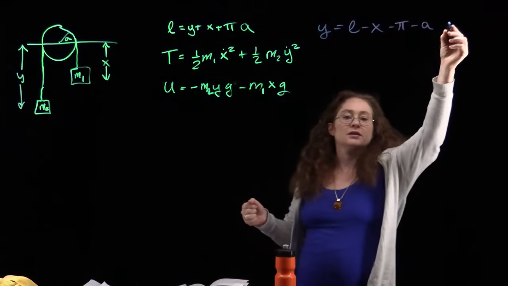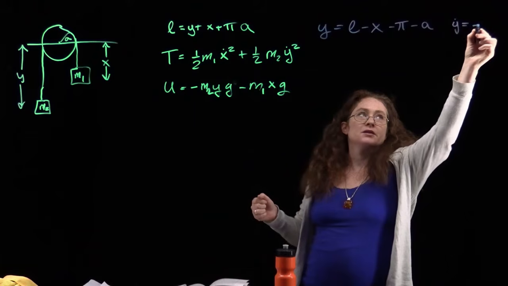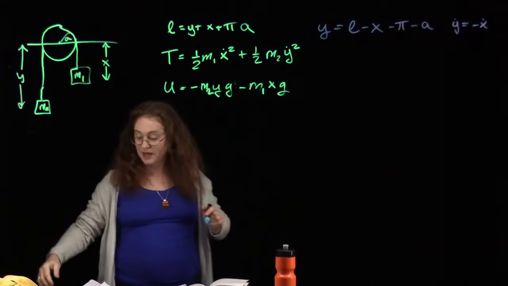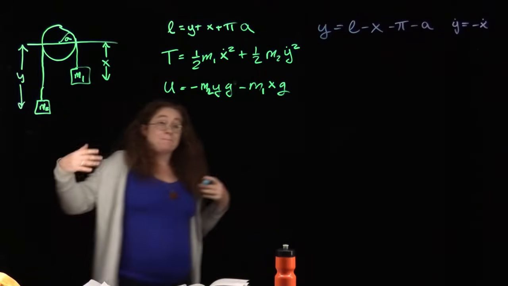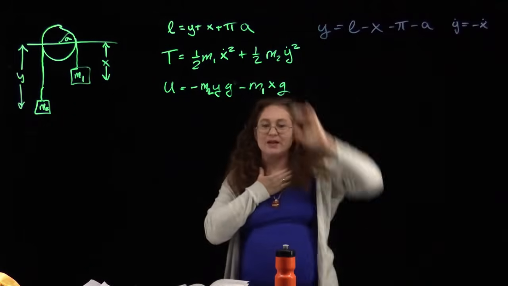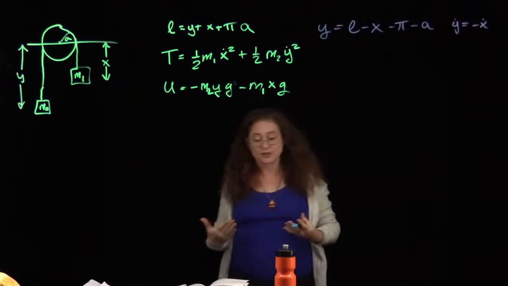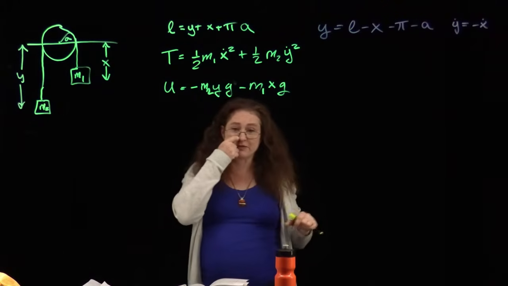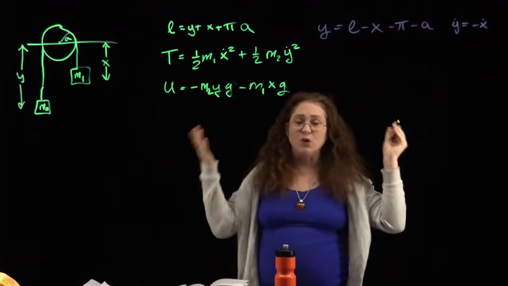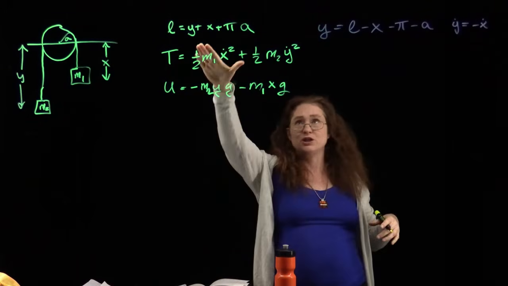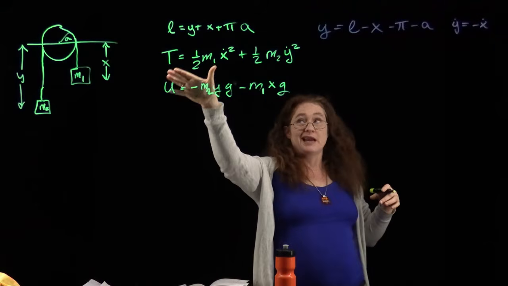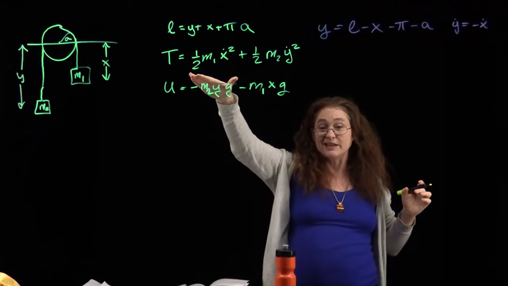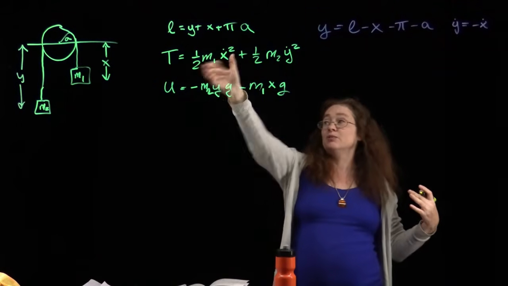That also means that y dot is negative x dot. Now you actually could have looked at the diagram and determined that, but I like doing it this way so that you can see where it comes from, because sometimes when you're going through the textbook it feels like they're using some clever trick. This is a protocol that you can use: if you can write your constraint as an equation, you can write down your kinetic and potential energy in terms of the variables that are easier to write it down in terms of, and then move on from there.